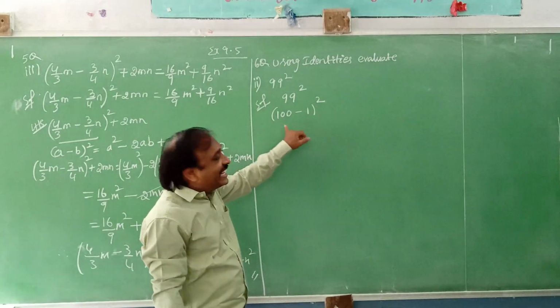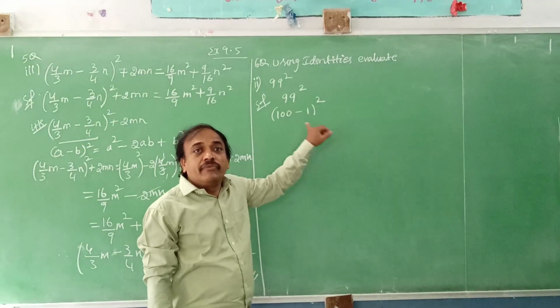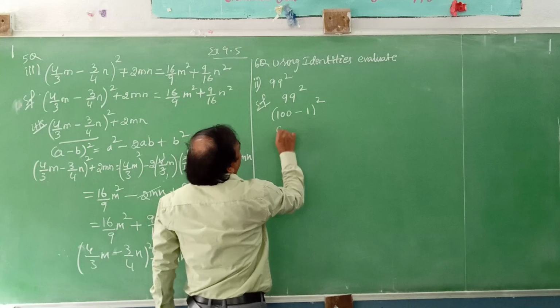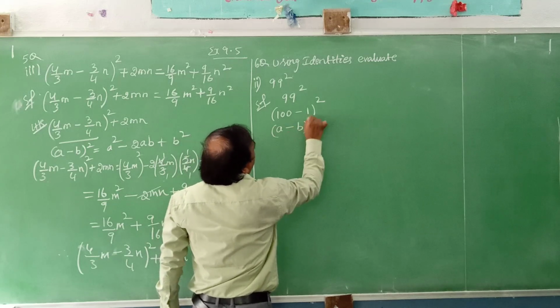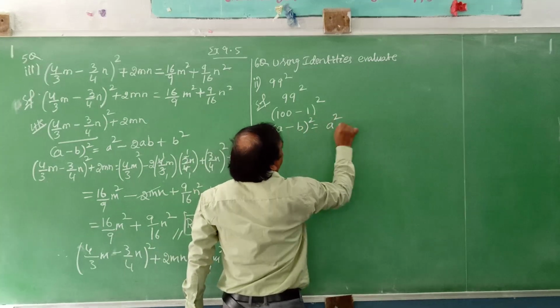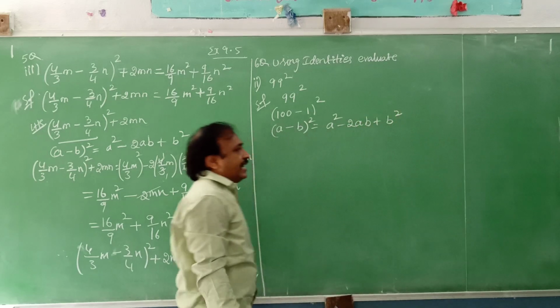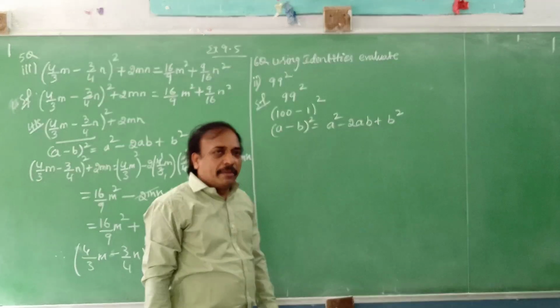Now which identity can be used over here? We can use (a minus b) whole square is equal to a square minus 2ab plus b square.